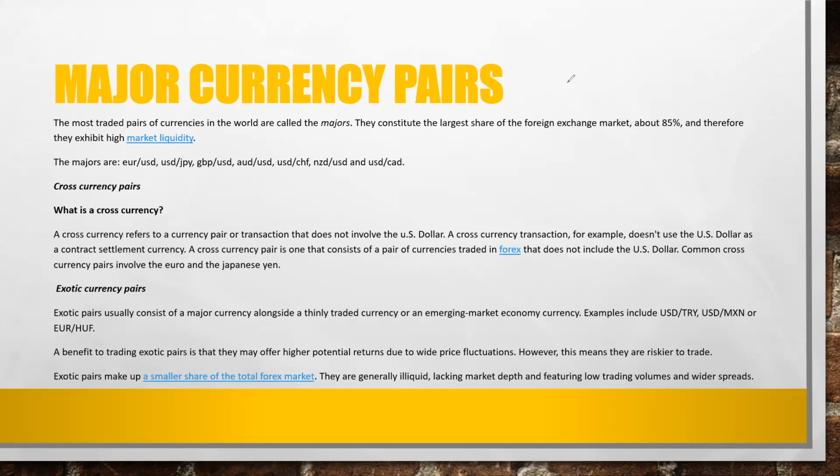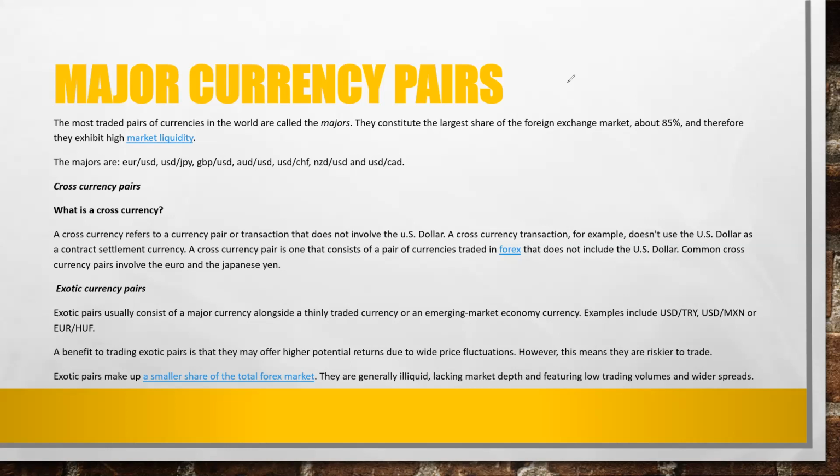Then, moving forward, we have what we call exotic pairs. Exotic pairs consist of a major currency alongside a thinly traded currency, an emerging market economy, or a weak economy. So we are comparing the strongest economy or currency to an emerging or weak economy.